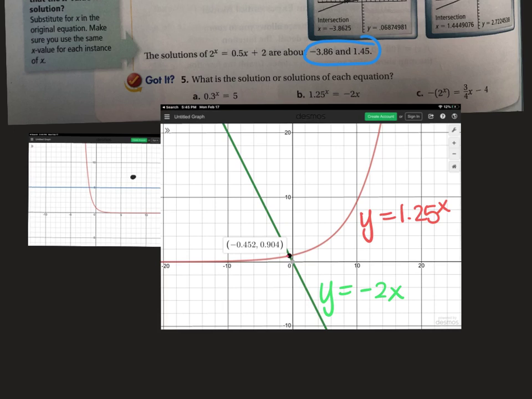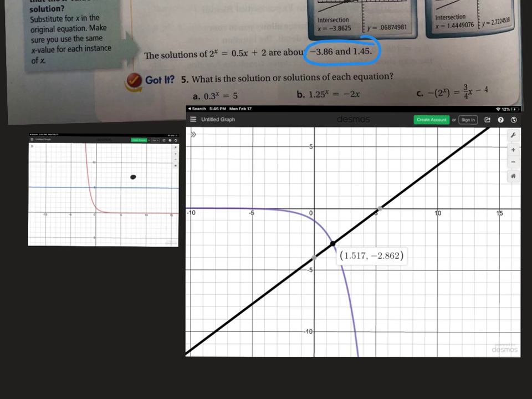Here we have one solution, which is negative 0.52. Again, all you're looking for is where these two lines intersect, but the key is when you graph these is to separate them into two different functions.